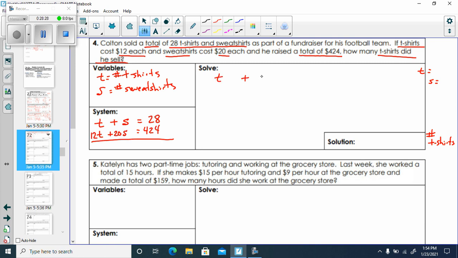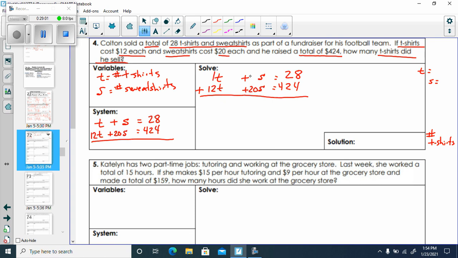T plus S equals 28. 12T plus 20S equals 424. Okay, I need to get rid of one of these variables. I need to eliminate a variable. I would ask myself this, what are they looking for? They're looking for the number of t-shirts.